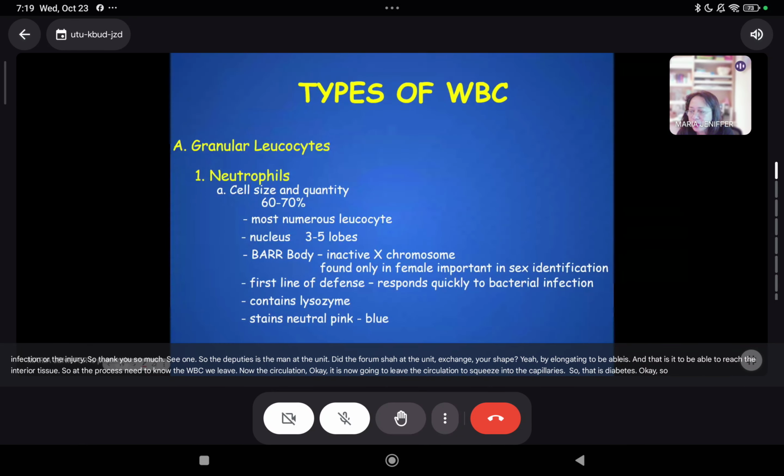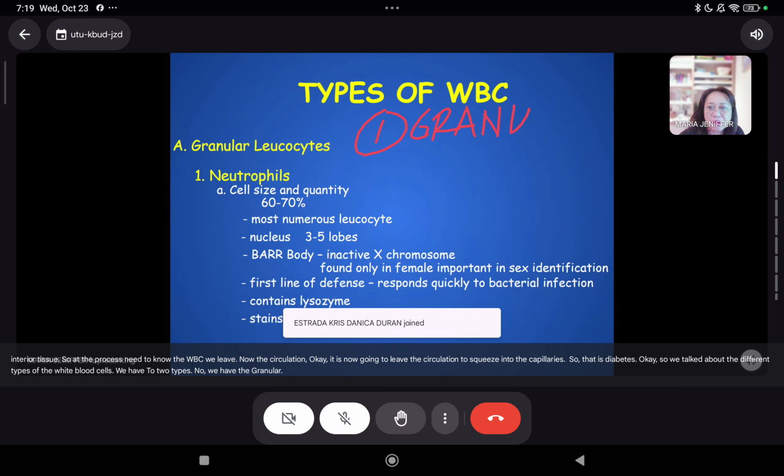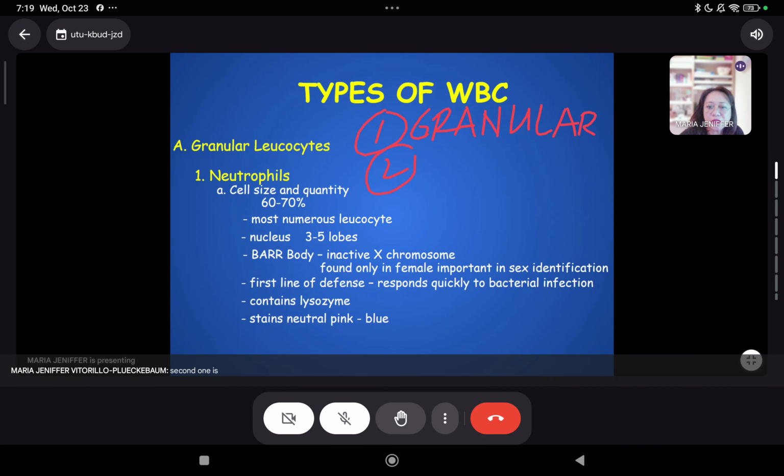Okay, so we talked about the different types of white blood cells. We have two types: granular and agranular.